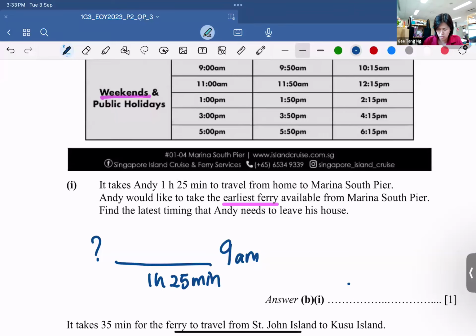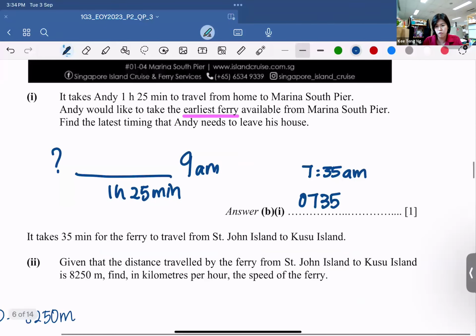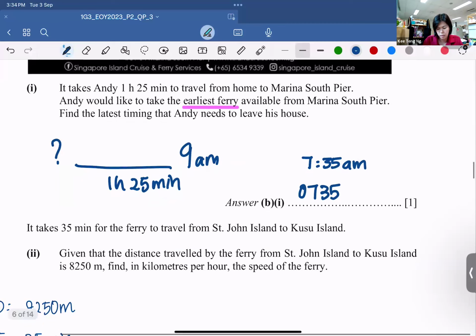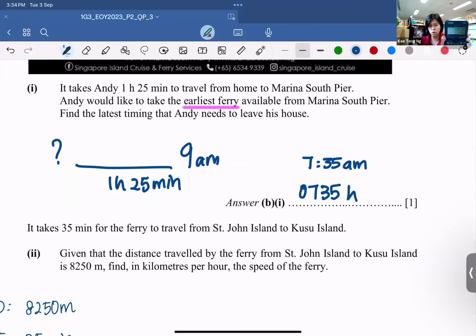Straight away you can get 0735 in 24-hour clock or 7:35 a.m. in AM/PM hours. You can write two different versions of the answer. So you learn how to use your calculator. Yeah, 7:35 a.m.